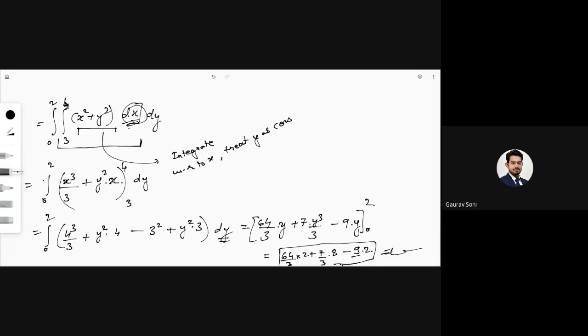So just understand this complete procedure, how to find the integration when these limits are given to you. If there is this dx, then you integrate with respect to x and treat y as constant. Then you put the limits, then you just have one variable y, then integrate with respect to y, and you get the answer.